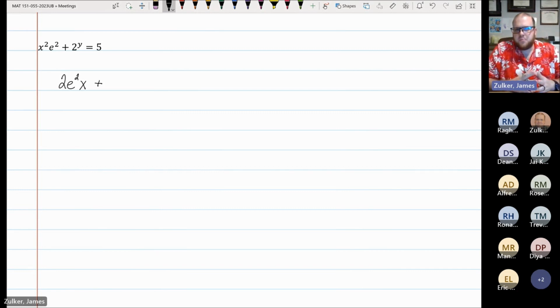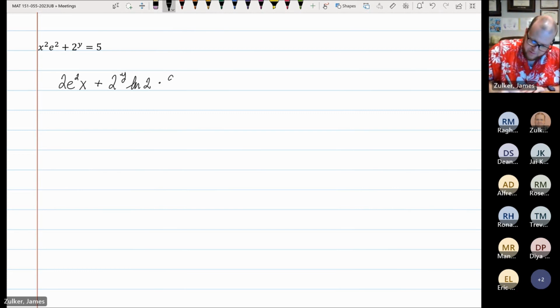Derivative of 2 to the y. This is an exponential function. So its derivative would be the function 2 to the y times natural log of the base times the derivative of the power.